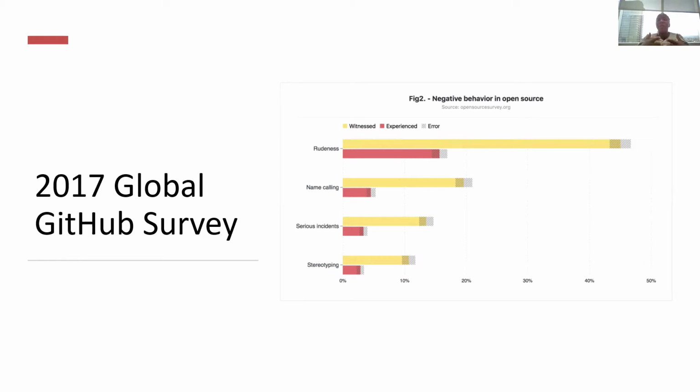And the same goes for things like stereotyping, being pigeonholed, and so many other things like that. Sexual harassment too, where the percentage of women complaining about these negative issues is higher than their male counterparts.